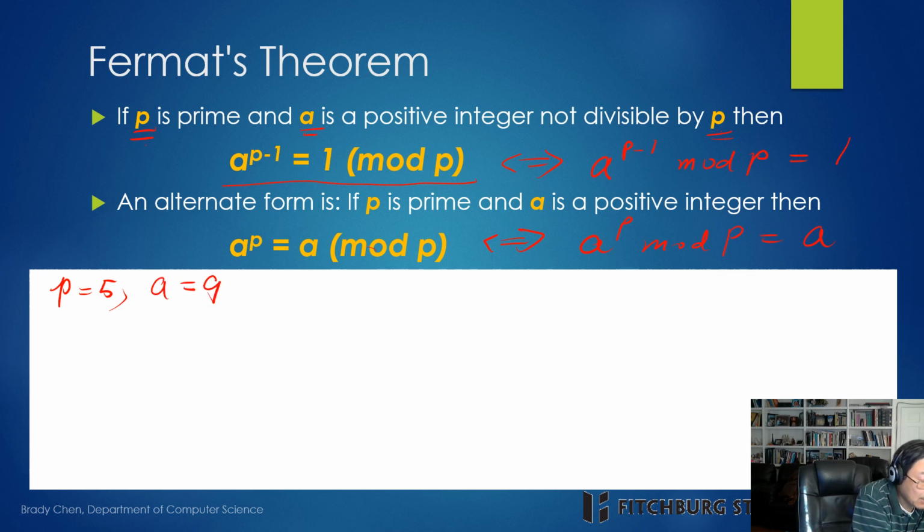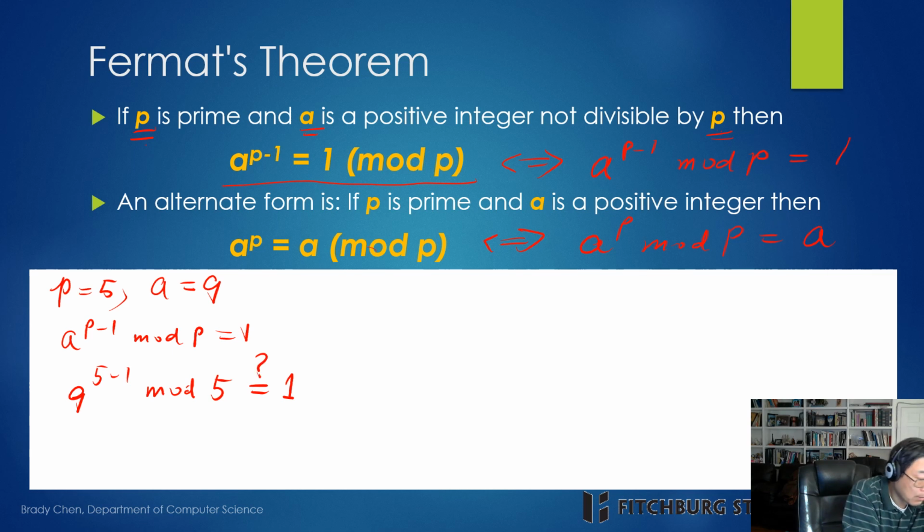So 9 is not divisible by 5, right? Then based on the Fermat theorem, A to the P minus 1 mod P is 1. In other words, we can substitute A with 9, replace P with 5. We can show that 9 to the 5 minus 1 mod 5 is actually 1.